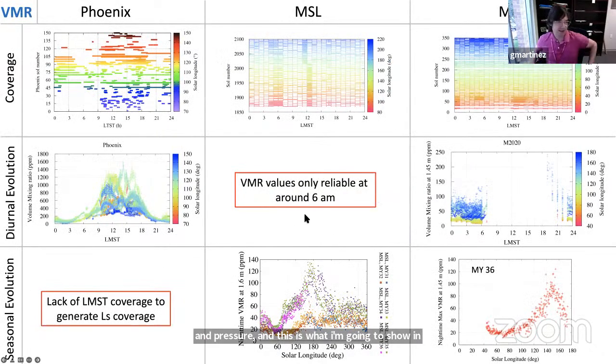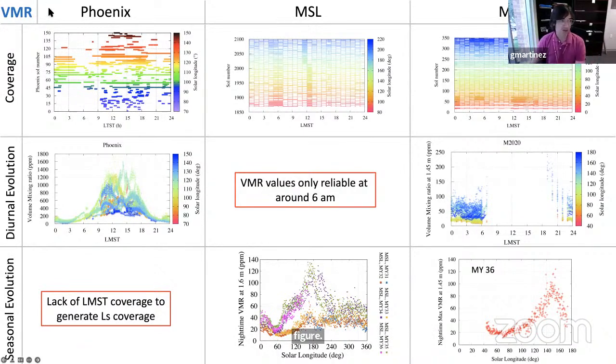Once again, to my knowledge, this is the complete data set of volume mixing ratio estimations on Mars. Let me start with Phoenix, in the left column. I already introduced this coverage figure. If you take a look at the middle figure in the left column, here we can see the volume mixing ratio as a function of local mean solar time for all the sols of the mission.